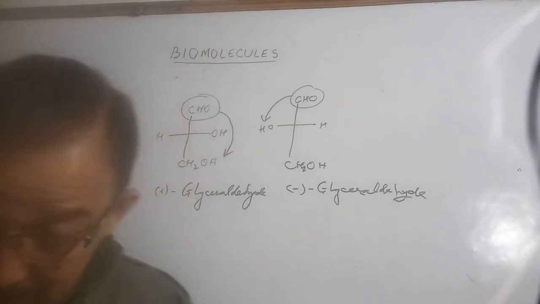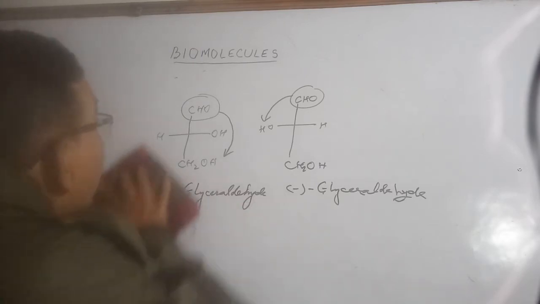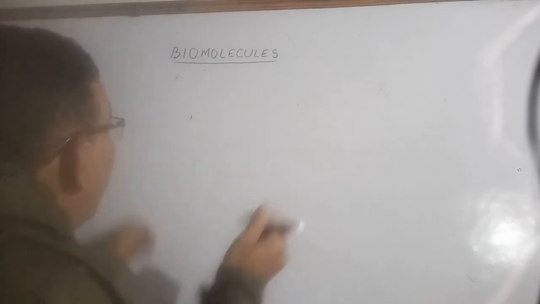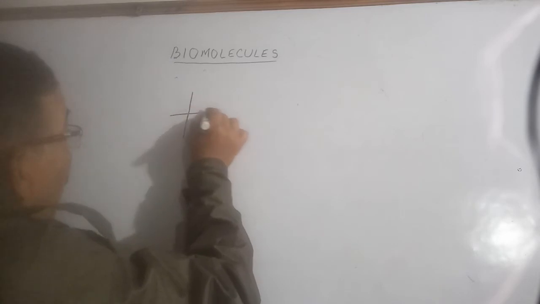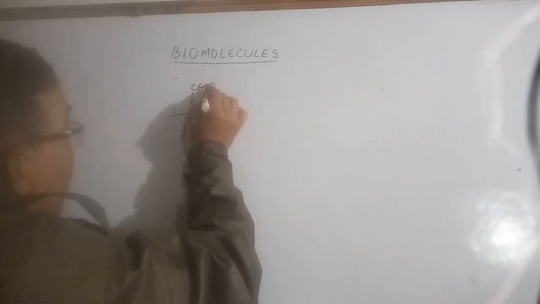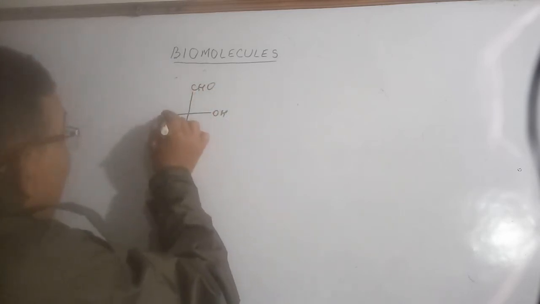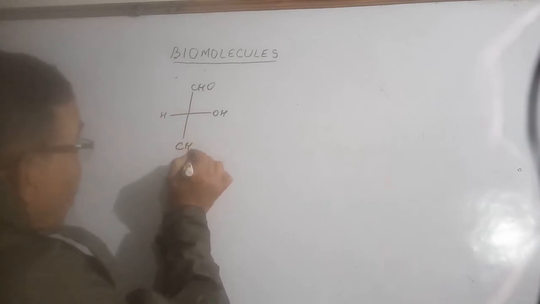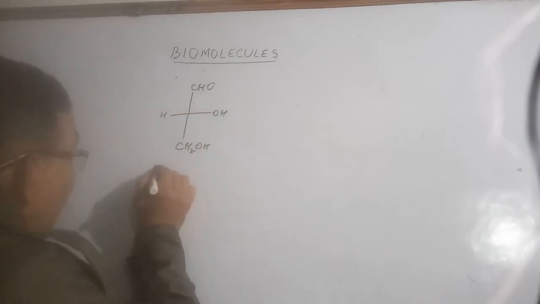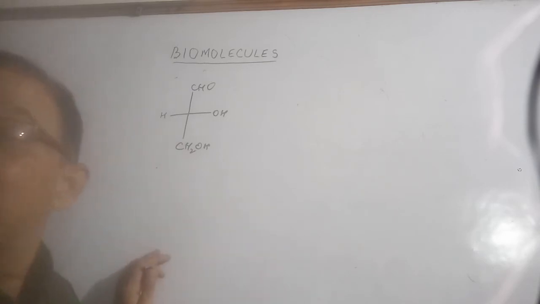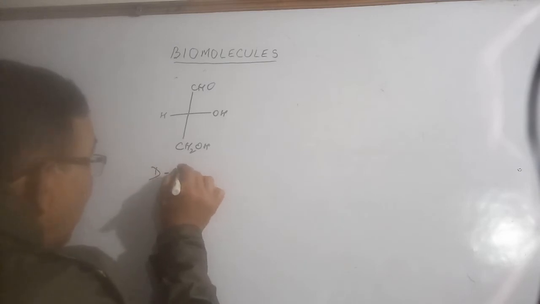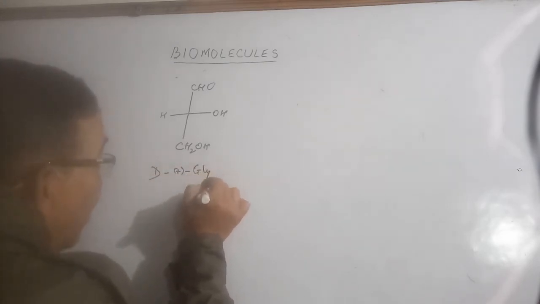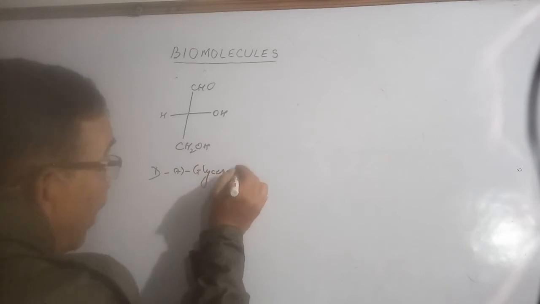Look at that. Here we take CHO, OH, H, CH2OH. This is your plus glyceraldehyde, D plus glyceraldehyde.